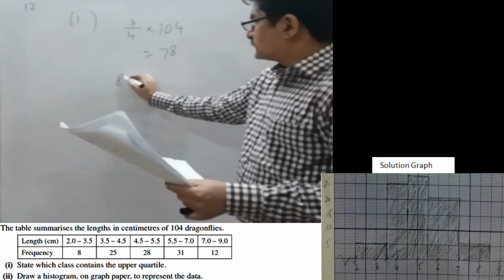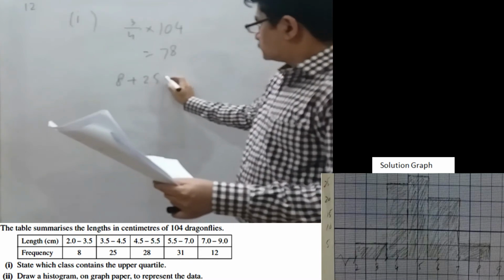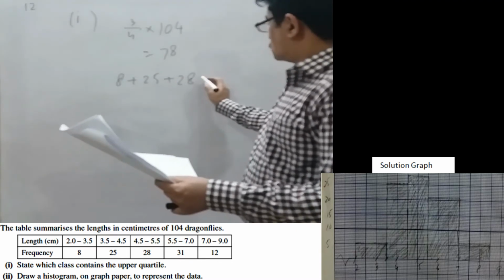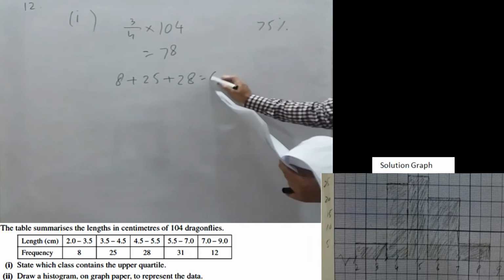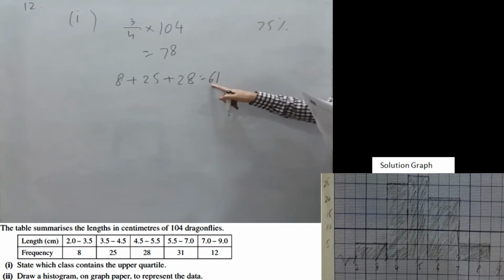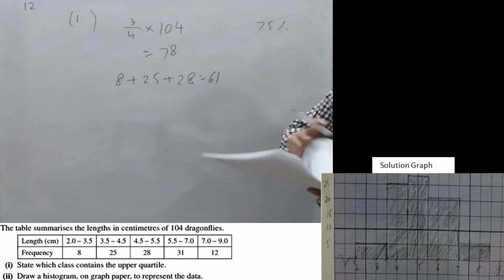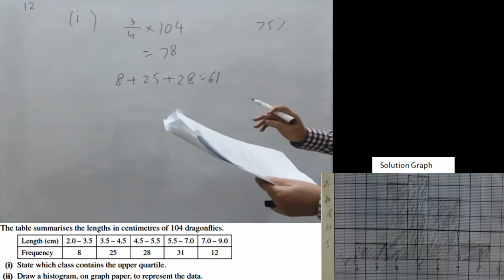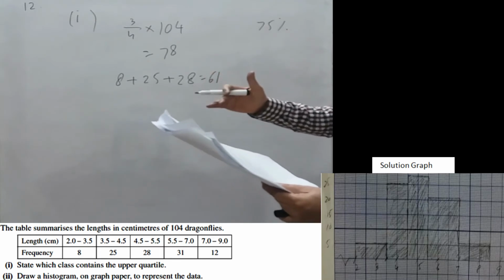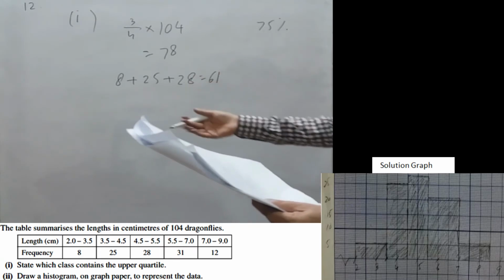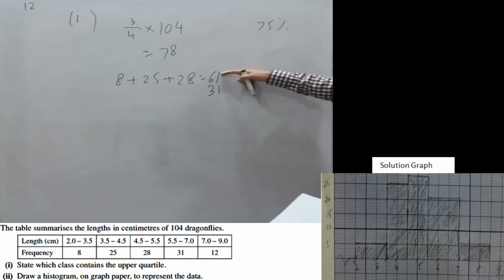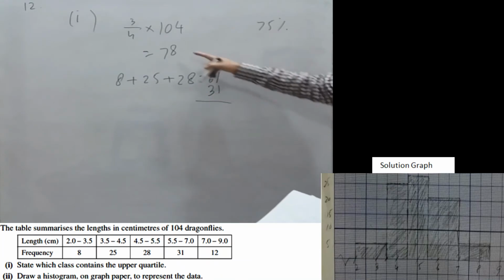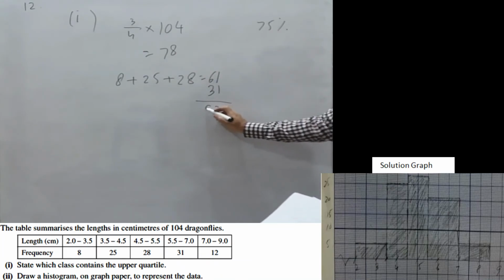Now if you go on adding, for example, the first, second and third values, if you add these three values, you will get 61. It means that this is less than 78. So up to 61 values lie before 5.5, in the third interval. In the fourth interval, there are then 31 values. So after 61, if you go on adding, you will see that the 78th value will lie over here, at 92.